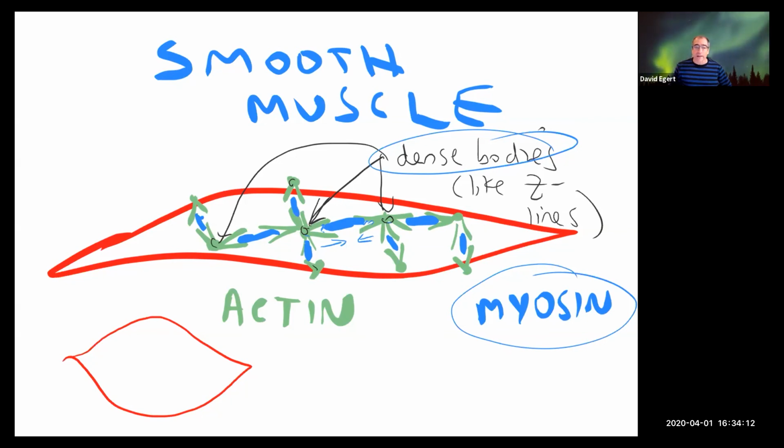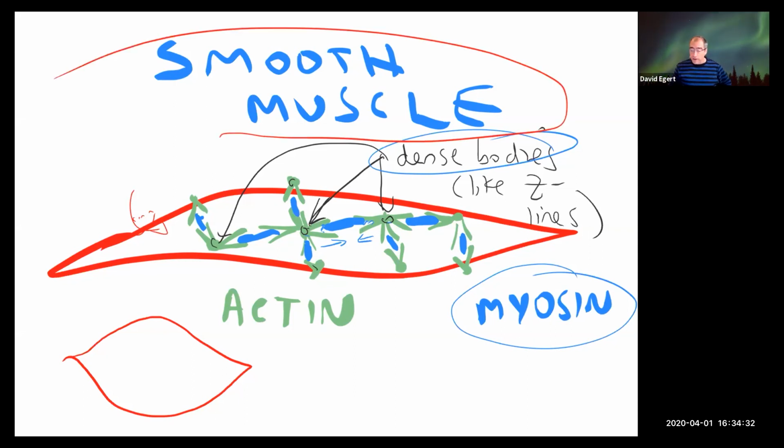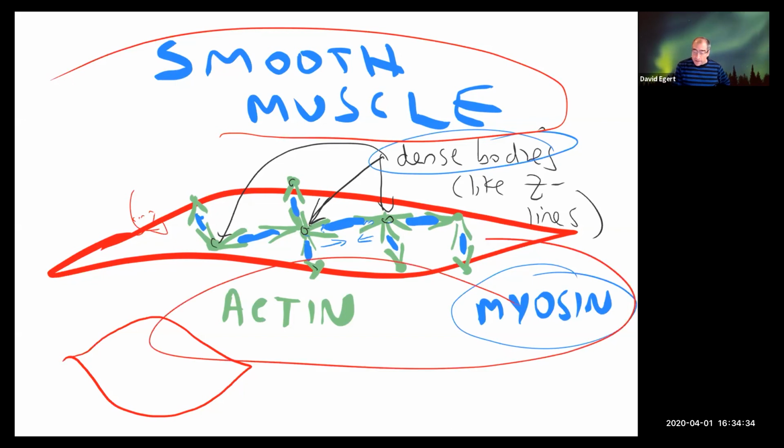There are lots of other differences, like rather than having a sarcoplasmic reticulum, you have these little caveolae, with calcium coming in from the outside, and other differences we're not going to go into. But at the core for smooth muscle, you should know it's still actin and myosin, arranged in a different way. That's why it doesn't look striped.